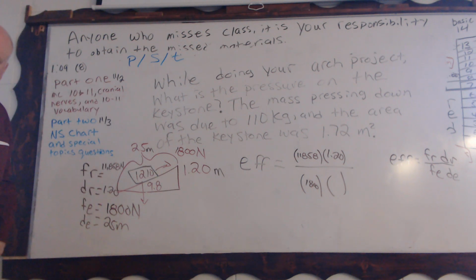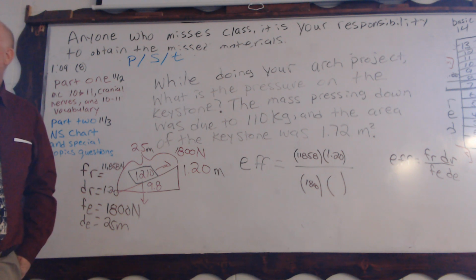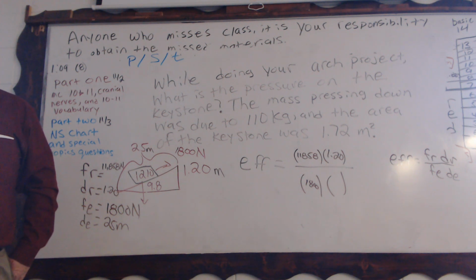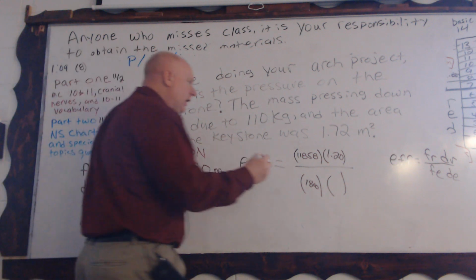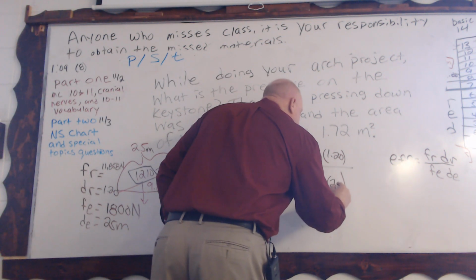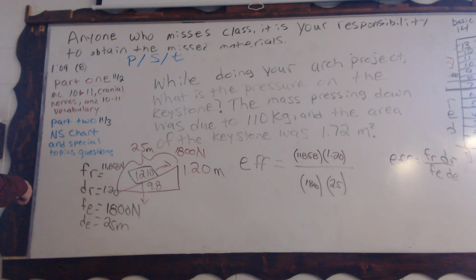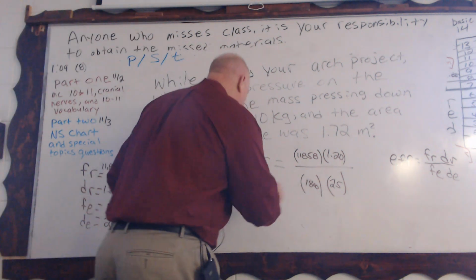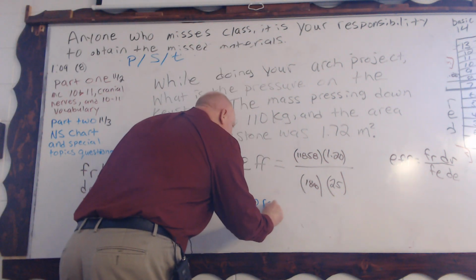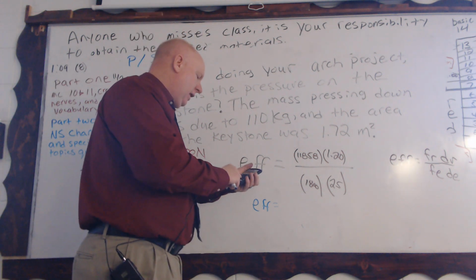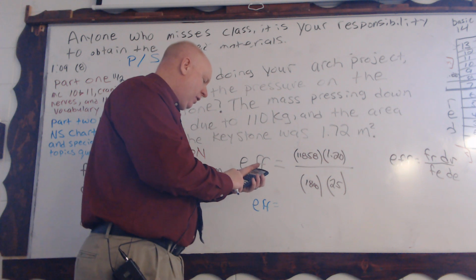Now, that last variable is what? What is your effort distance? 25 meters, okay? So now that we have that, what do we do with the top two numbers since they're next to each other? Okay, so now our efficiency equals, we're going to take that 11,858 and multiply that by 1.20.